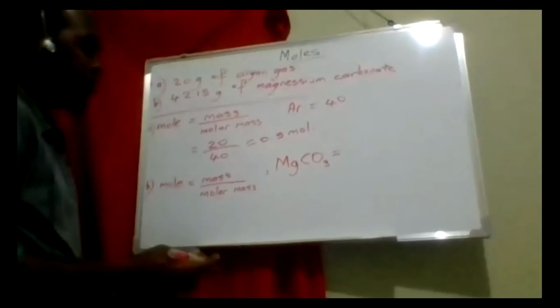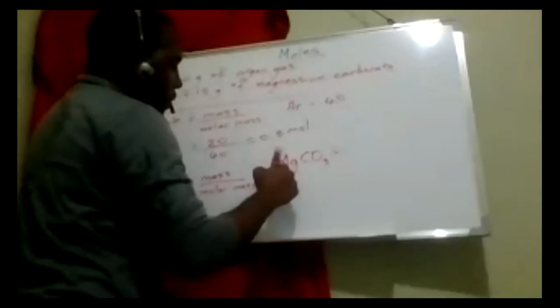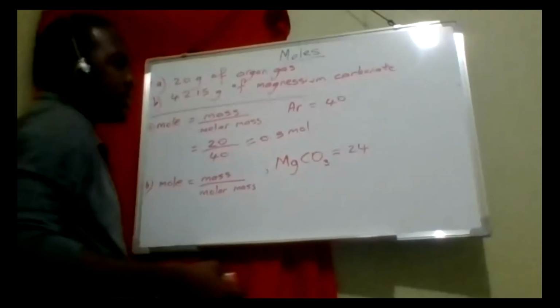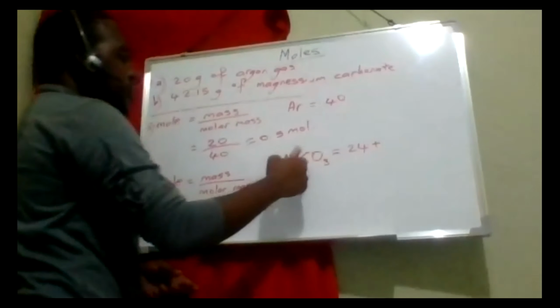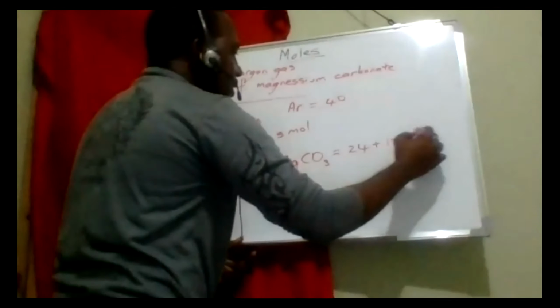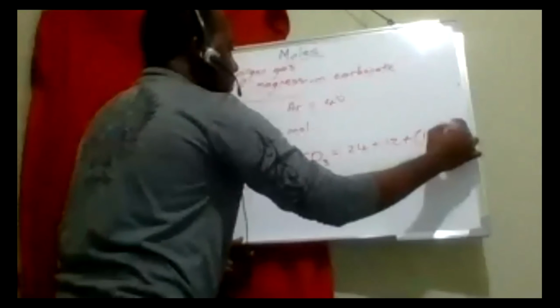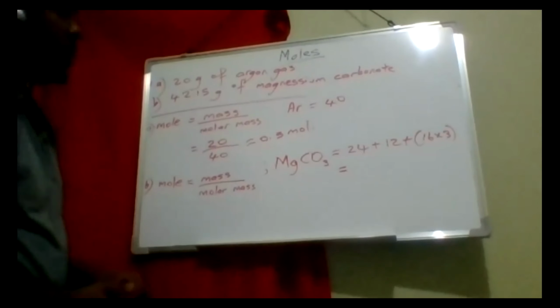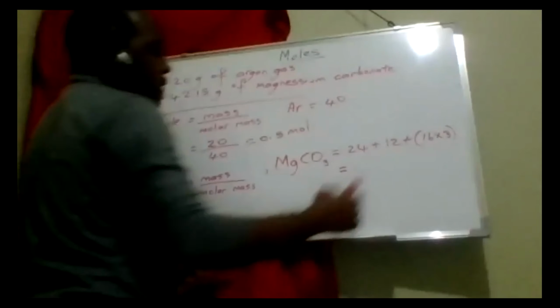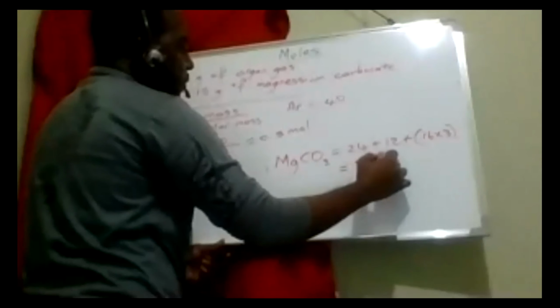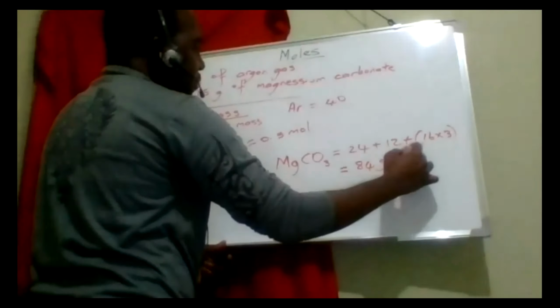Therefore, we find the molar mass. Magnesium has a mass of 24. It's just one of it, so it's just 24. Plus carbon, which is 12. Plus 3 oxygen, 16 times 3, which is 48. So 84 grams per mole.